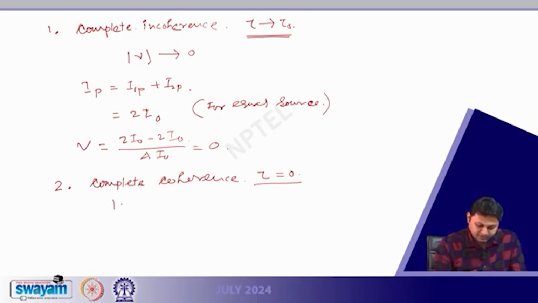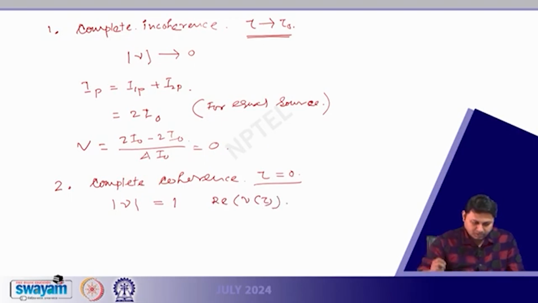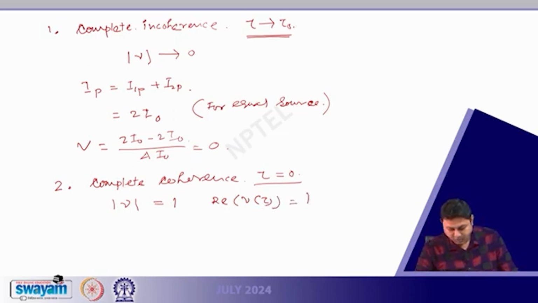If that is the case, the mod of gamma, that is the degree of coherence, is 1, and the real value of gamma tau is simply mod of gamma cos of omega tau.